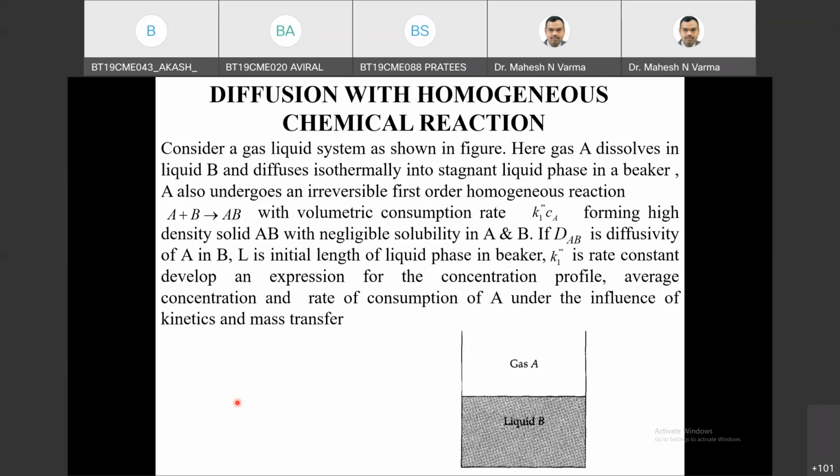Consider a gas-liquid system as shown in the figure. Here gas A dissolves in liquid B and diffuses isothermally into a stagnant liquid phase in a beaker.